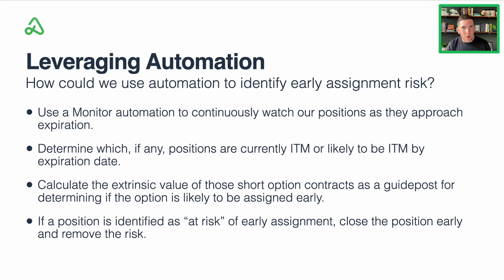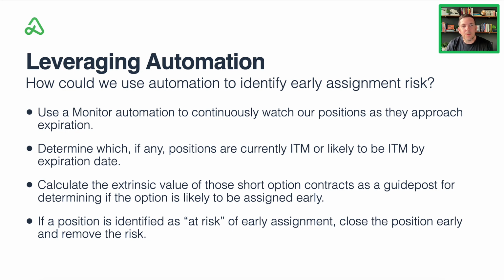If we broadly know that we're looking for things that are in the money and have very little extrinsic value, so most of the value left in the contract is intrinsic value, then there's not really a reason that an option buyer would have a financial detriment to hold the contract. So there's a reason why they would exercise the contract. If we can look for those two things, then we can identify positions that are at risk of early assignment.